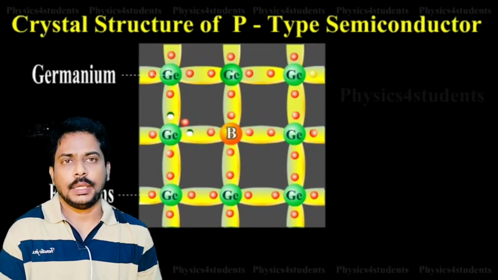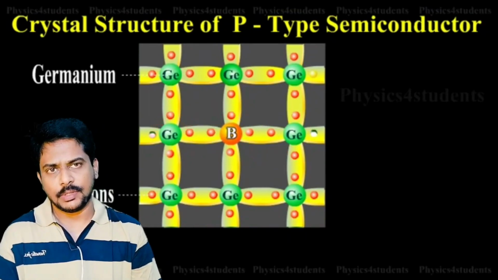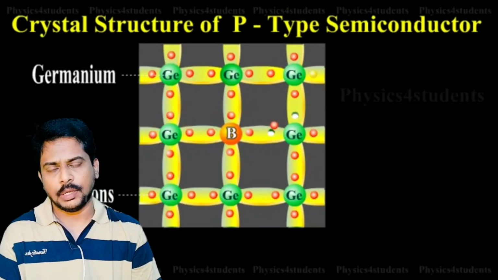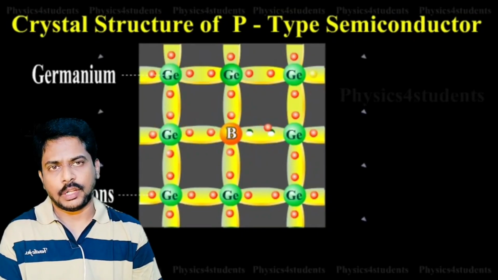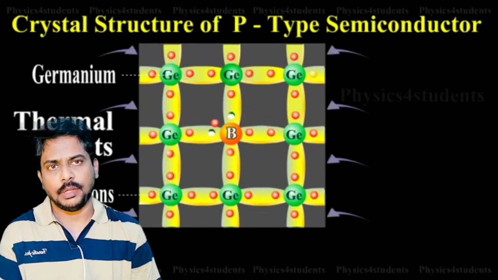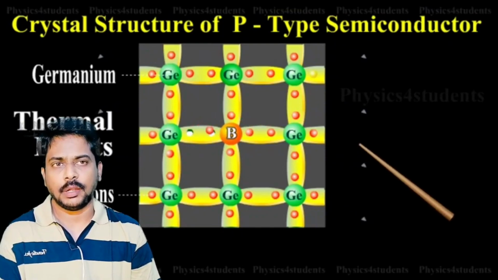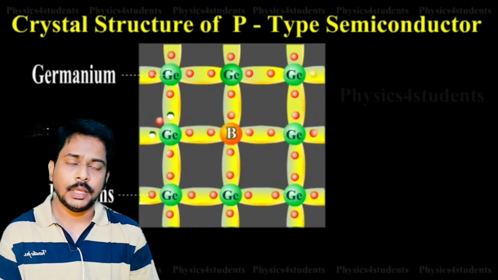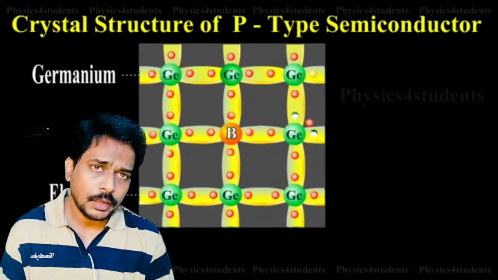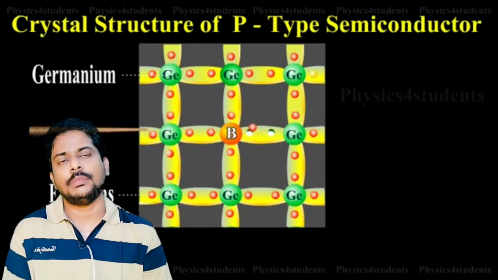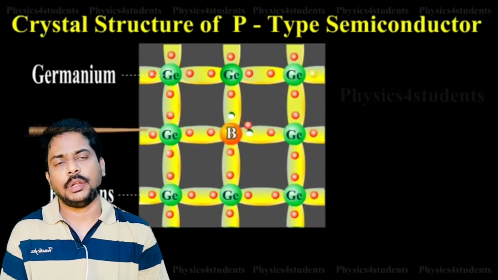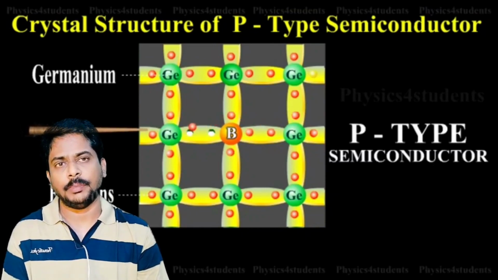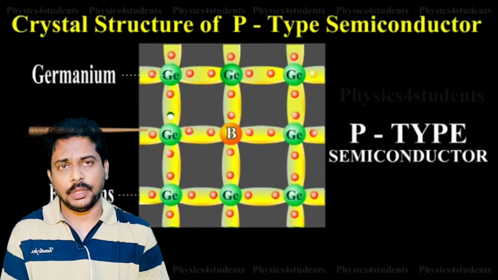So upon adding a pentavalent substance to the normal germanium or tetravalent semiconductor materials, I am getting n-type semiconductor material, and upon adding the trivalent substance to the semiconductor materials like silicon and germanium, I am getting the p-type semiconductor material.